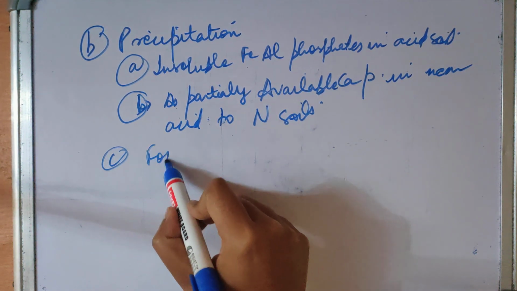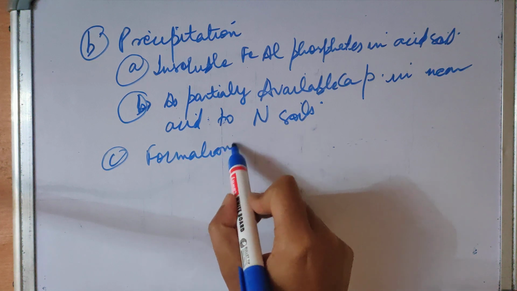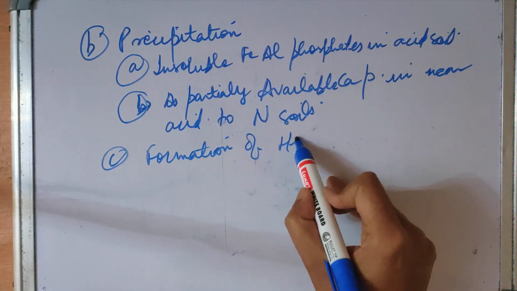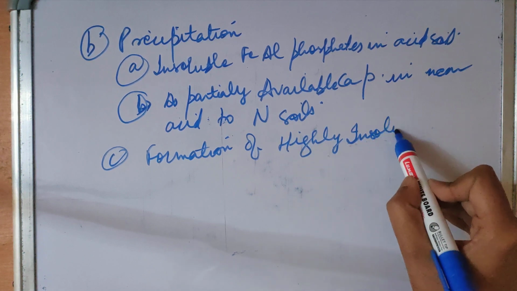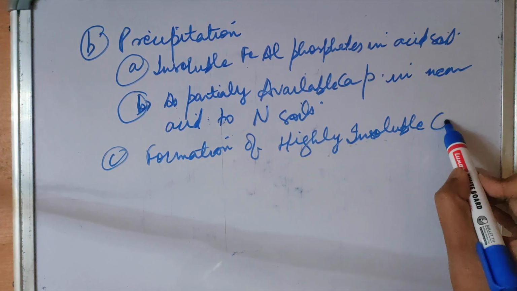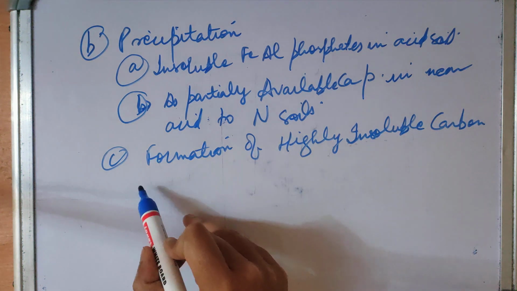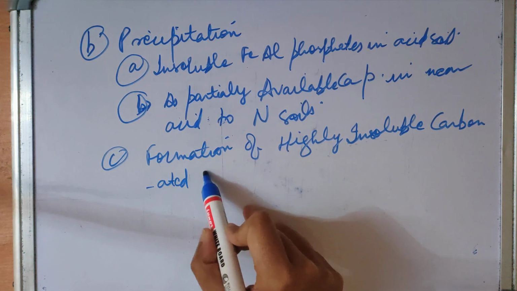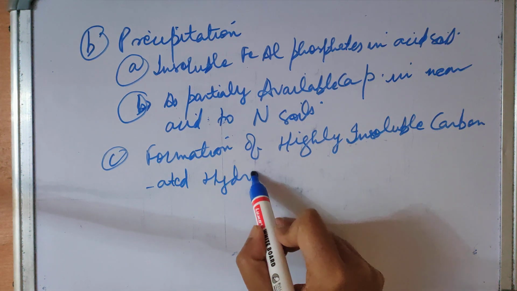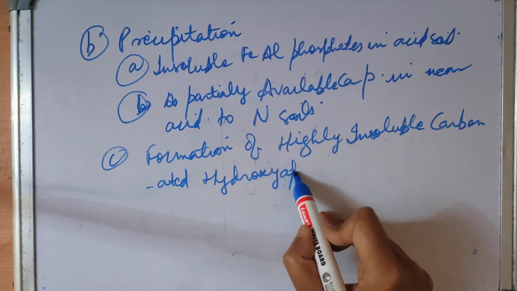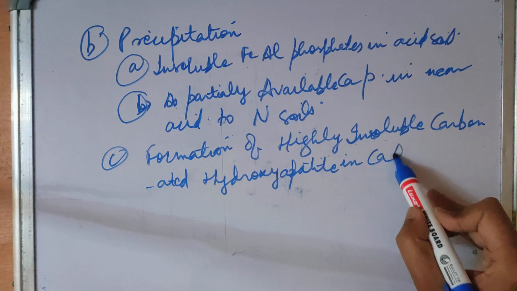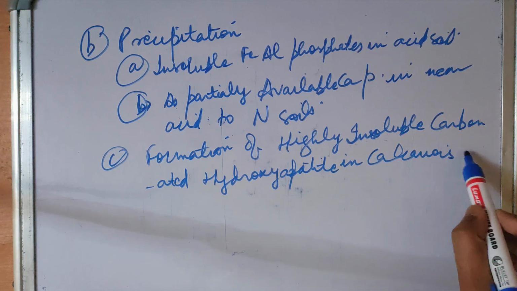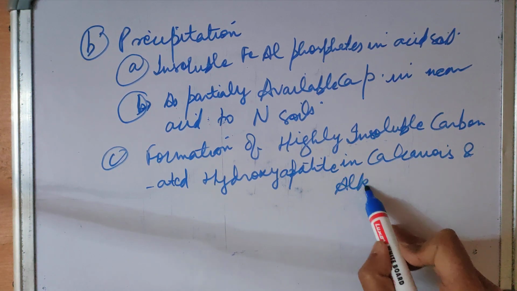Number C is formation of highly insoluble carbonated hydroxyapatite in calcareous and alkaline soil.